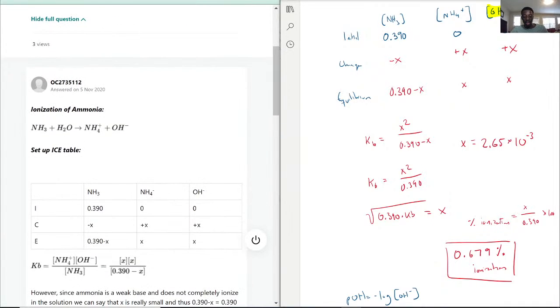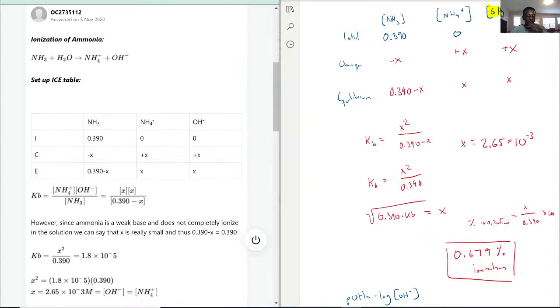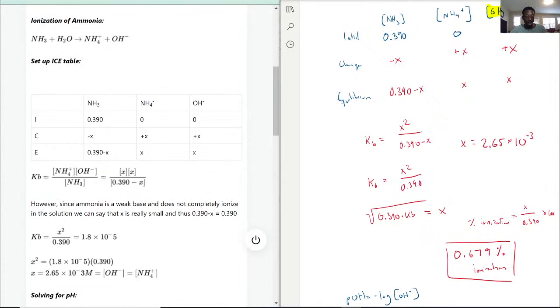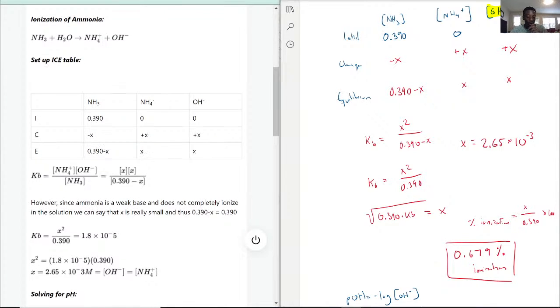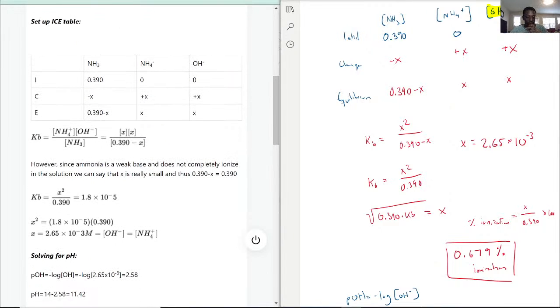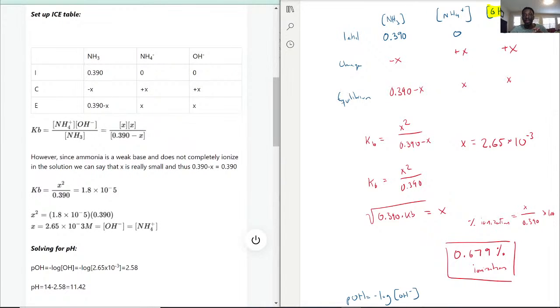As we go through, they did set up the ice table, and they also dropped their x because it's so negligible, and we showed that because we did the whole comparing of whether the concentration was 1,000 times greater than the KB.